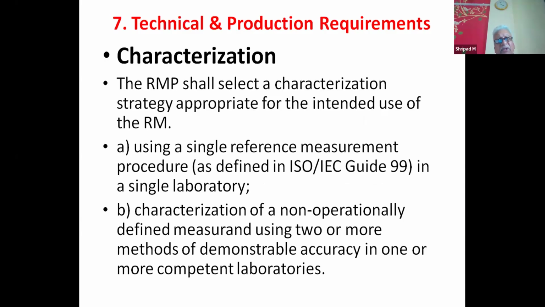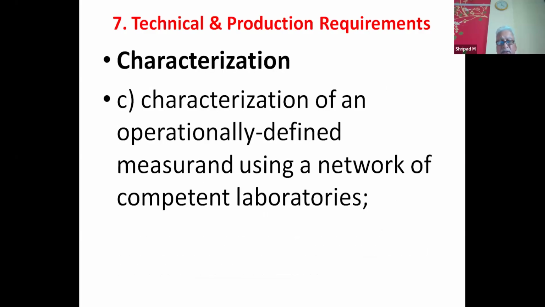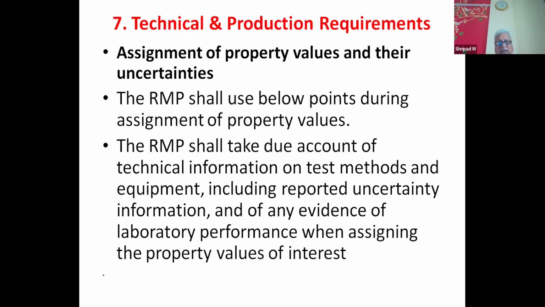Then there are requirements from the standards. Whatever measurement procedure you are using should be a validated method. It should be a standard, internationally approved method. Then the measurement should be either operational or non-operational. Depending upon that, you can consider the characterization.